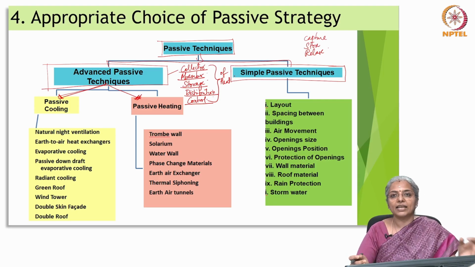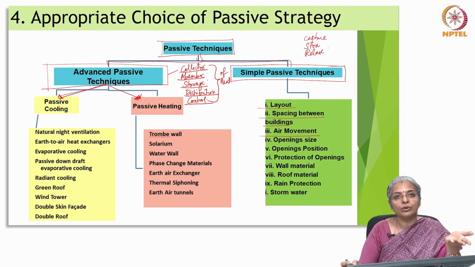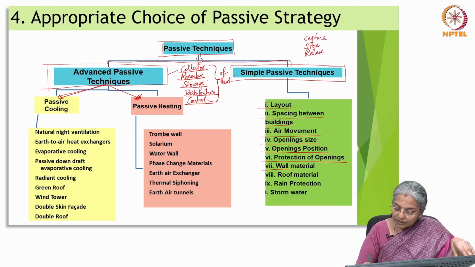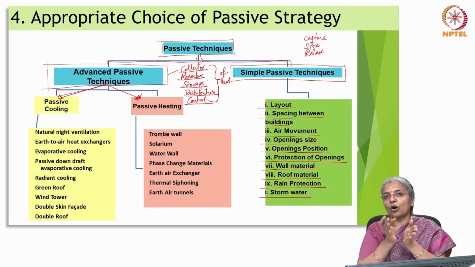And simple passive techniques use concepts like appropriate layout, proper spacing between buildings, enhancing air movement within the building and around the building, using correct size of openings, positioning the openings properly, giving adequate and proper sunshades, using correct walling material with appropriate U value, using the appropriate roof material with correct U value, ensuring that rain protection is given to the building, ensuring that there is proper storm water drain or collection.